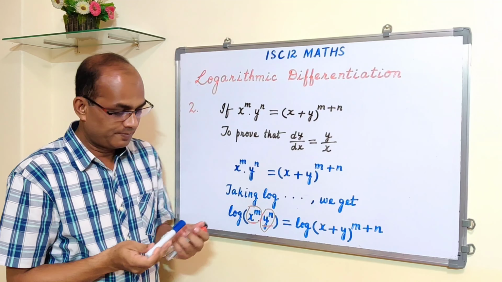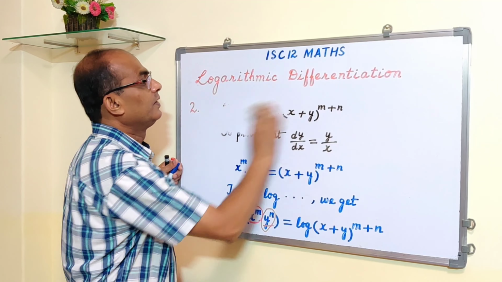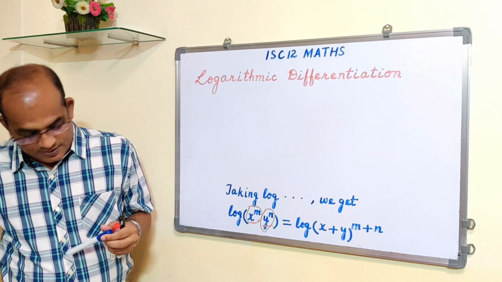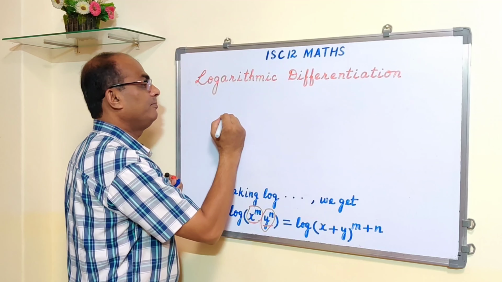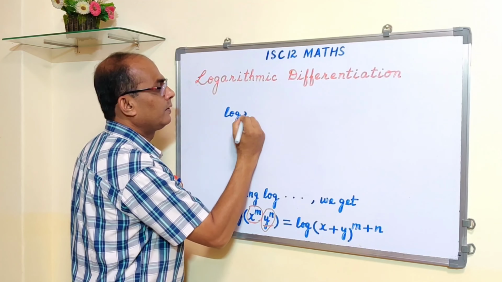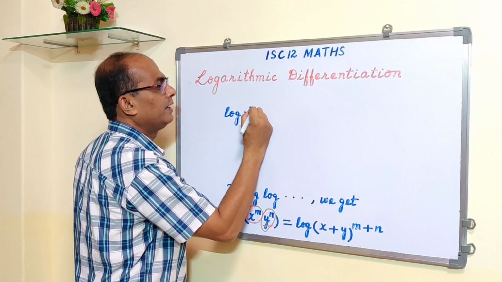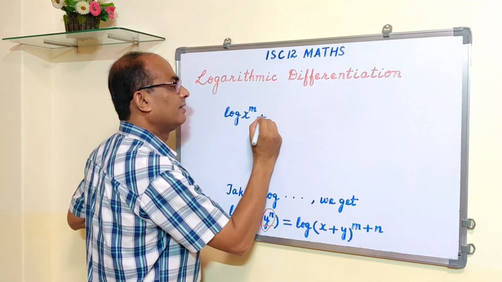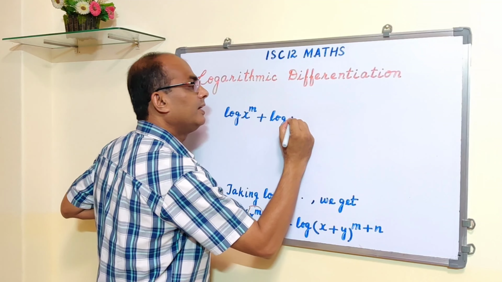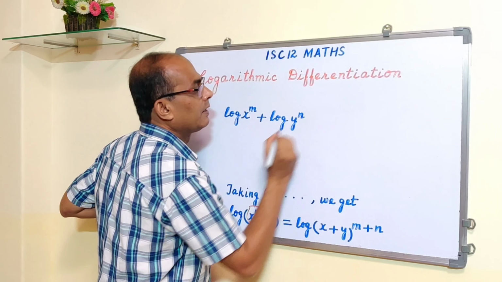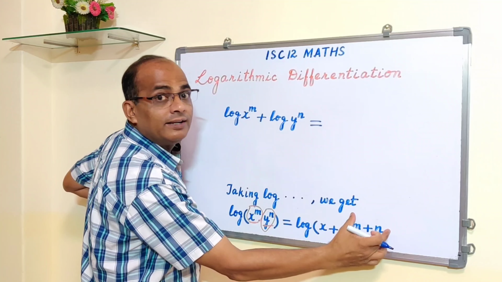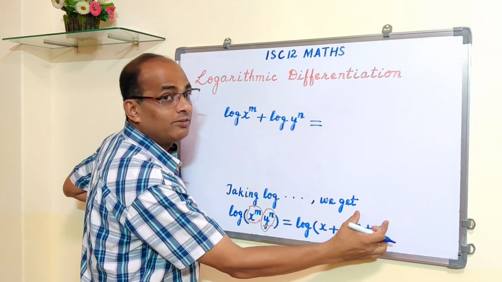So we write log x raised to the power m plus log y raised to the power n is equal to log of x plus y whole raised to the power m plus n.